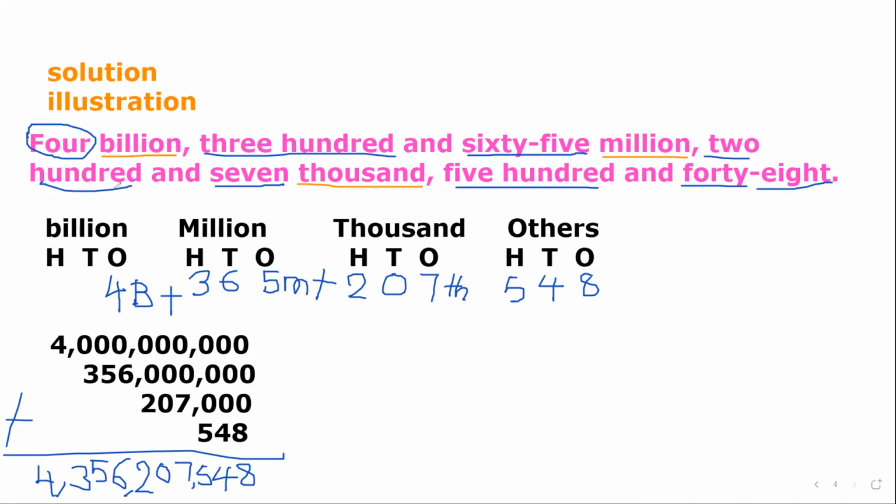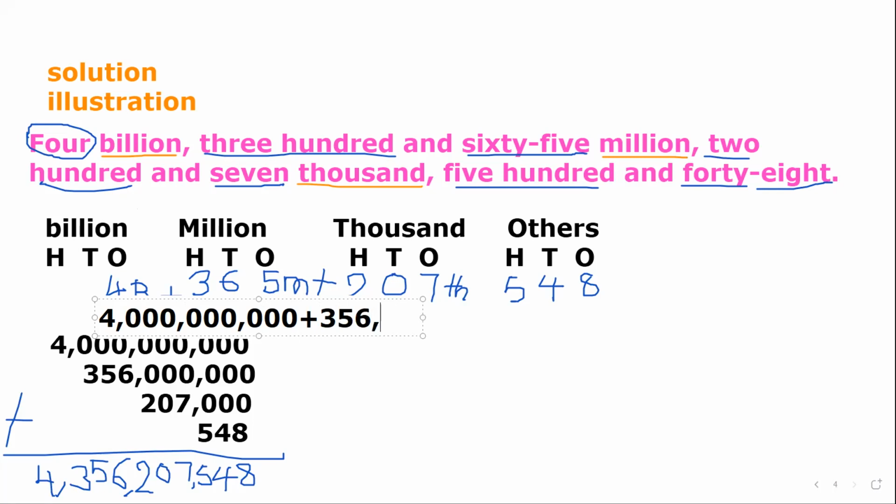So this is how to write them in figures. Okay, but initially you have to state them. The 4 billion, which is 4 billion, plus then 365 million.